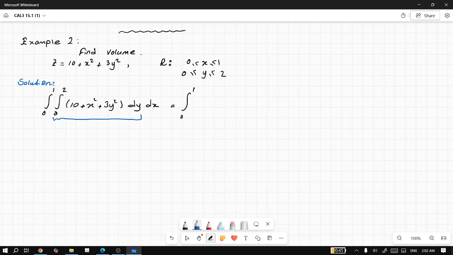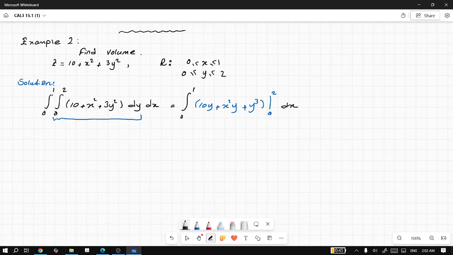Inner integration with respect to y becomes 10y plus x squared y plus 3y to the power of 3 over 3. That simplifies to y to the power of 3. And this integration that we solved runs from 0 to 2, and dx remains unchanged.